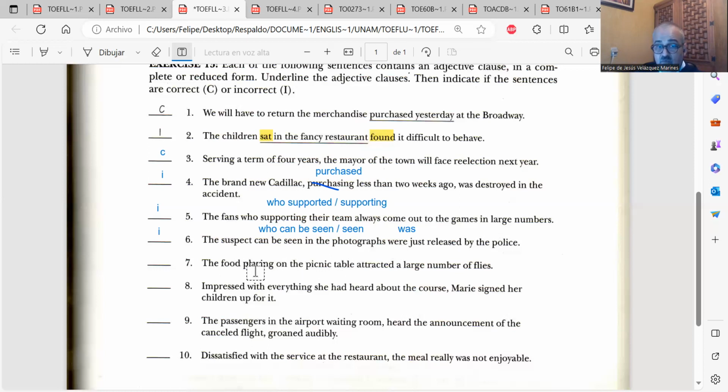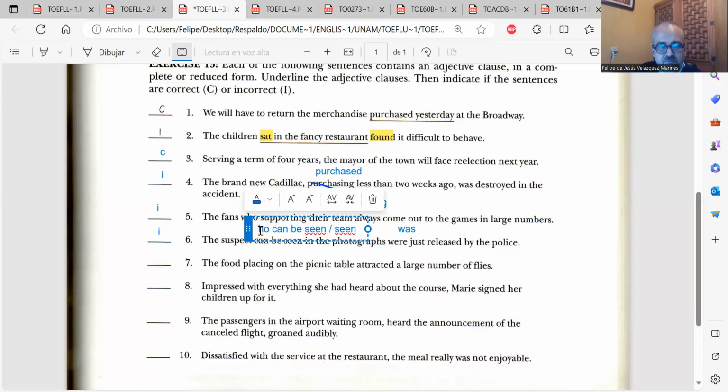If we are describing the suspect, as you said, the suspect who can be seen in the photographs was just released by the police. But if we are describing the pictures, we have to say the suspect can be seen in the pictures which were just released. We're describing the pictures, and there is only 1 mistake.